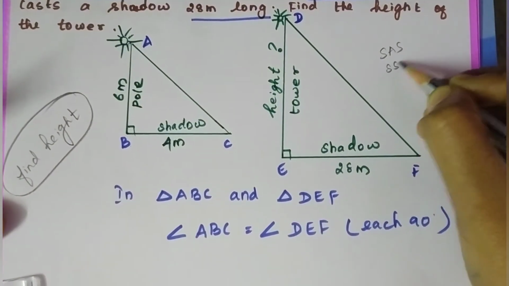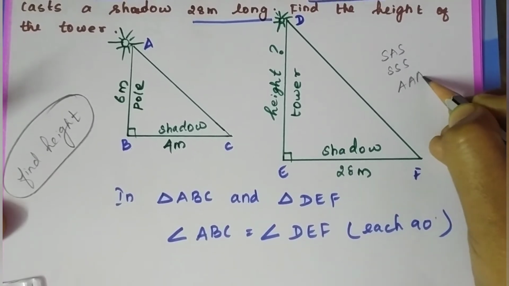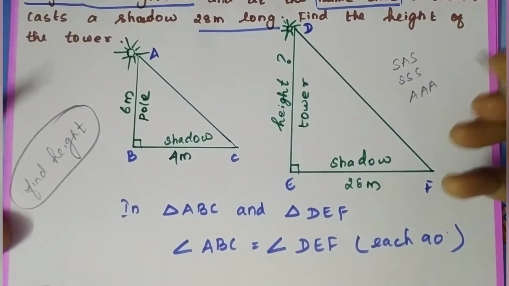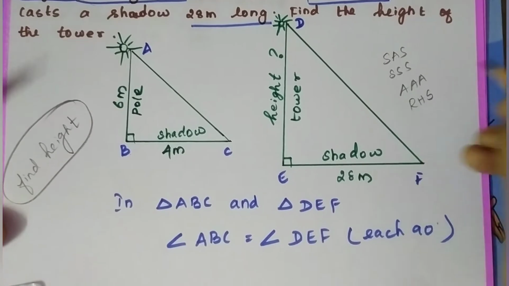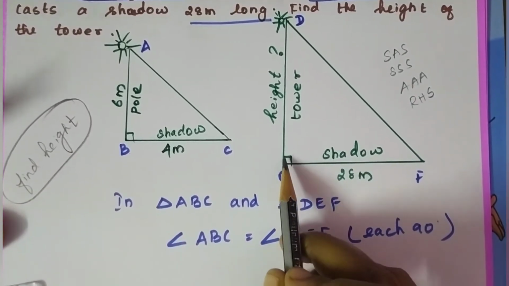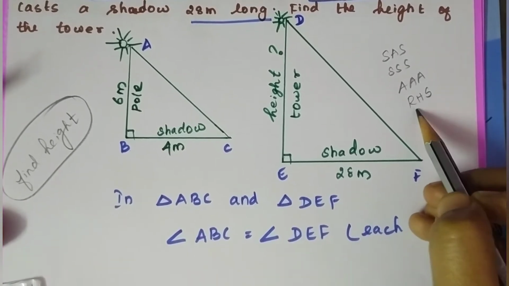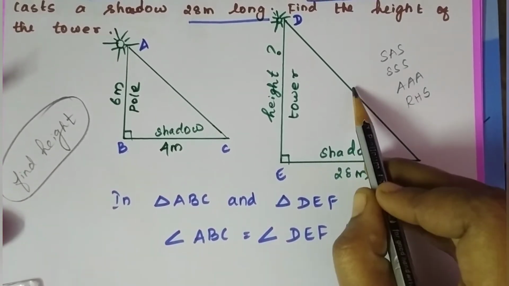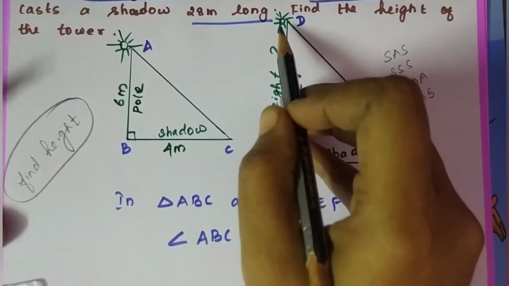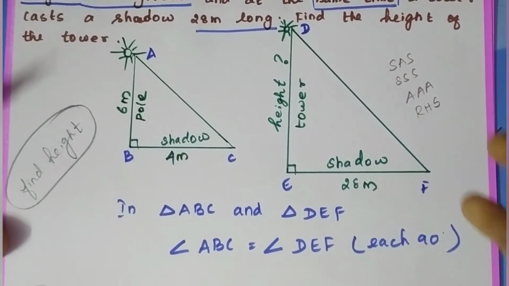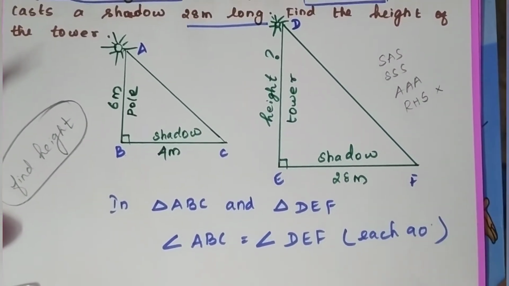SAS, SSS, AAA, and RHS. Clear? Here we have 90 degree, so you can think whether we can use RHS or not. RHS means right angle hypotenuse. It relates to the hypotenuse, but we don't know anything about the hypotenuse, so we can't take RHS.